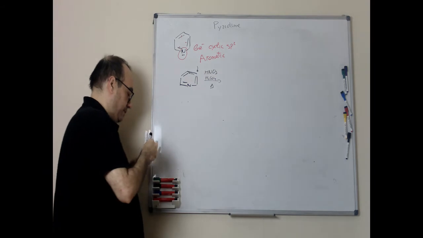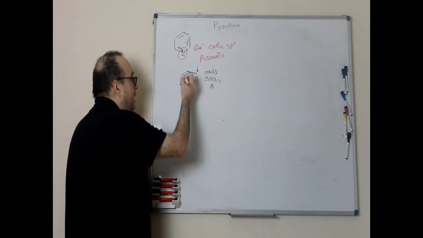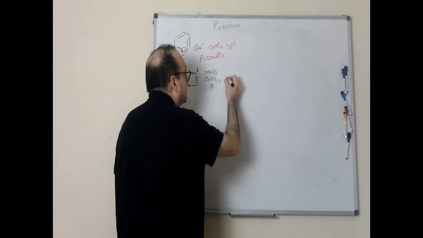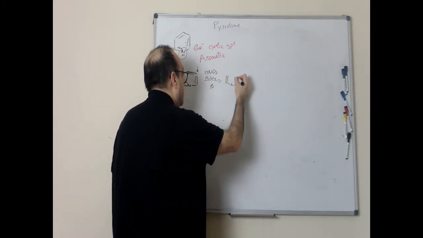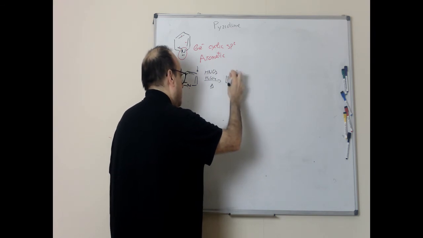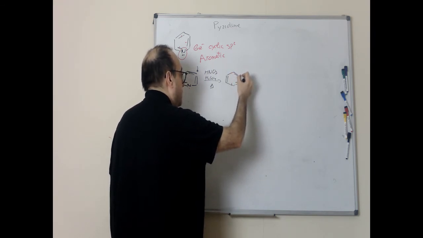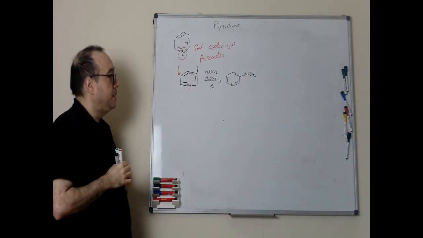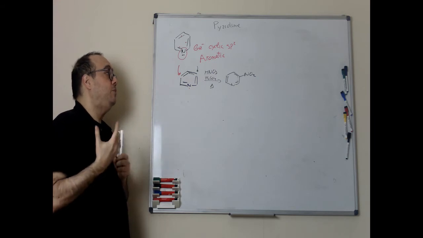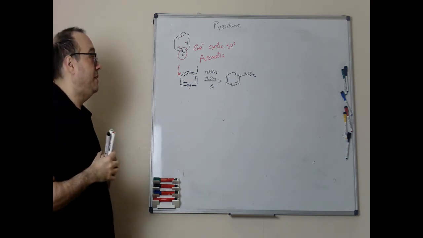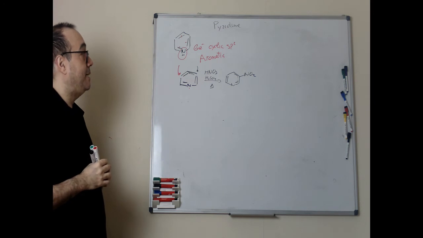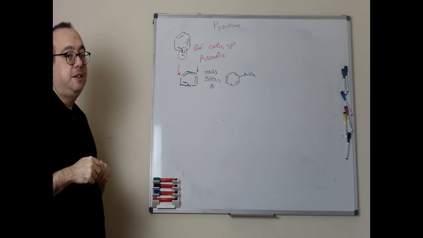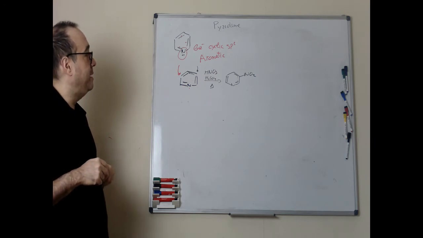Okay, always, because it's electron poor, this nitrogen orientates meta. Okay, meta to the nitrogen. If we have more than one substituent, then we have to do the sum of all the orientations. But basically, the electrophilic aromatic substitution happens very rarely, very few times in the pyridine.